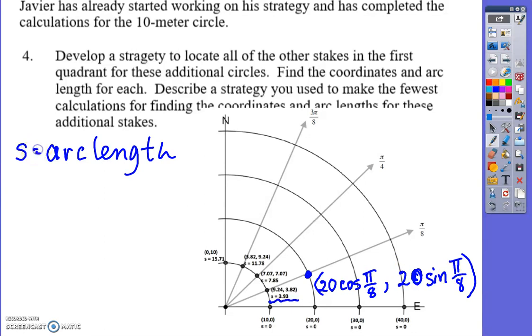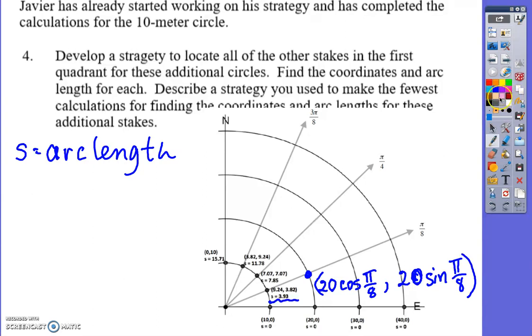And so we need to find the arc length, which is going to be the radian measure, or, I don't remember. Give me just half a minute.